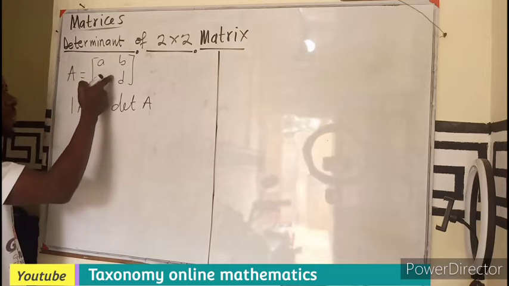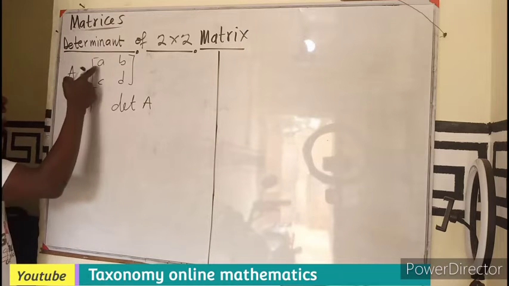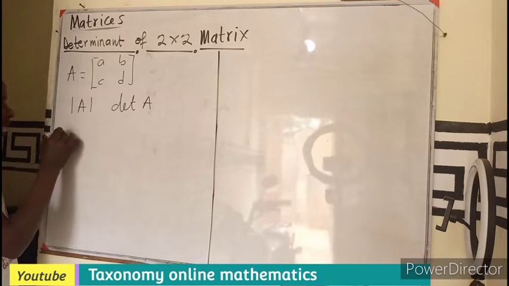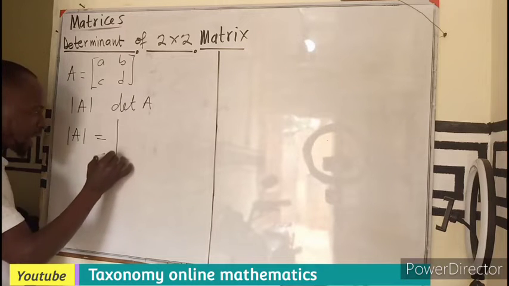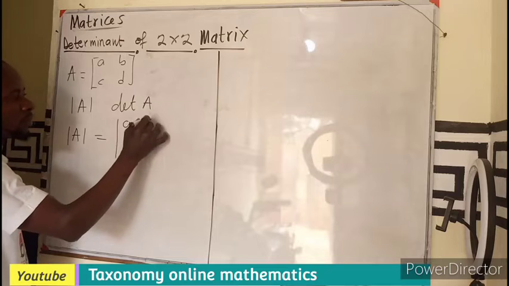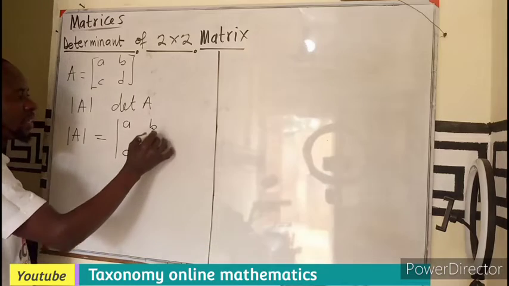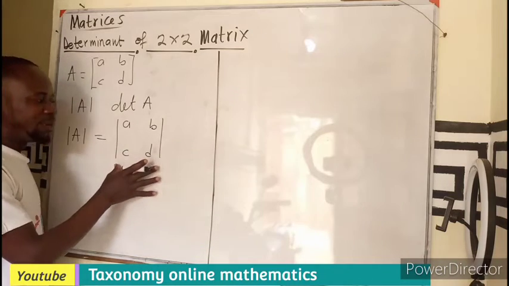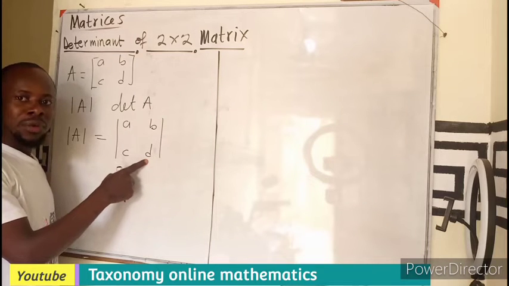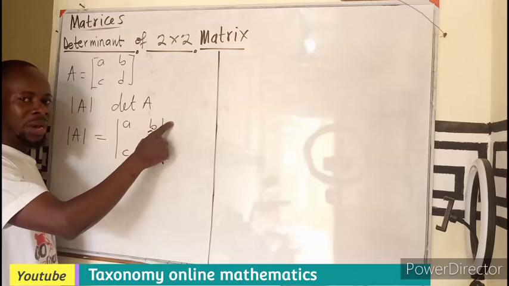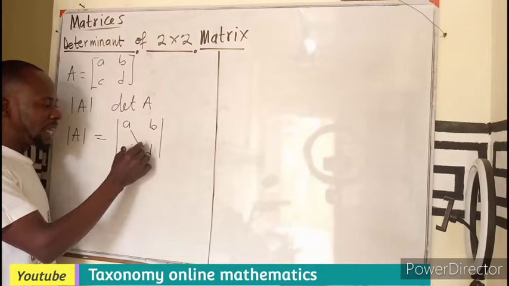So to find the determinant of this, which is a, b, c, d, the bar on A is going to be the bar on a, b, c, d. This simply means the product of the leading diagonal minus the product of the other diagonal.